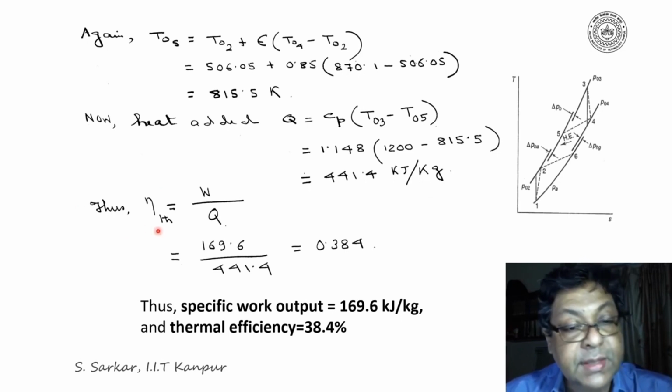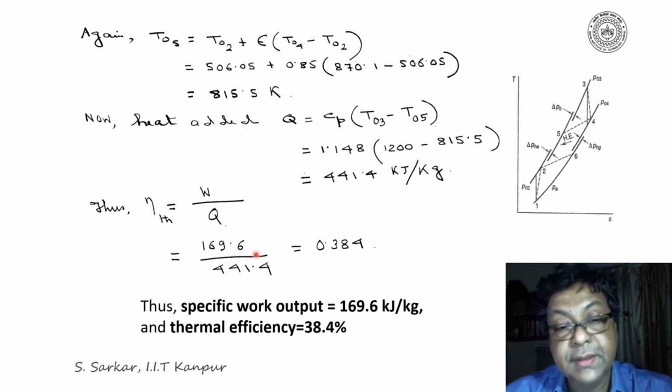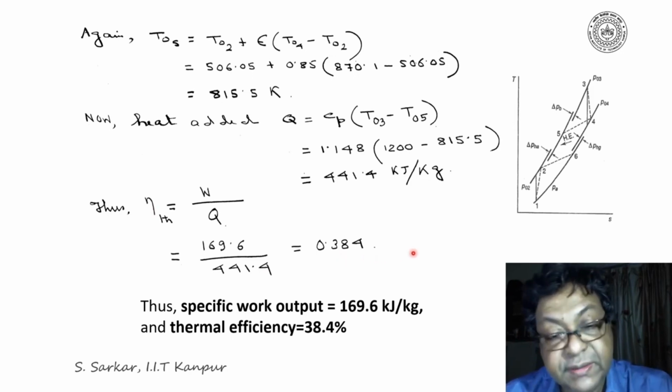Thus, thermal efficiency would be equal to W divided by Q. Now, W I have evaluated as 169.6 and Q as 441.4. So, thermal efficiency would be 38.4%.